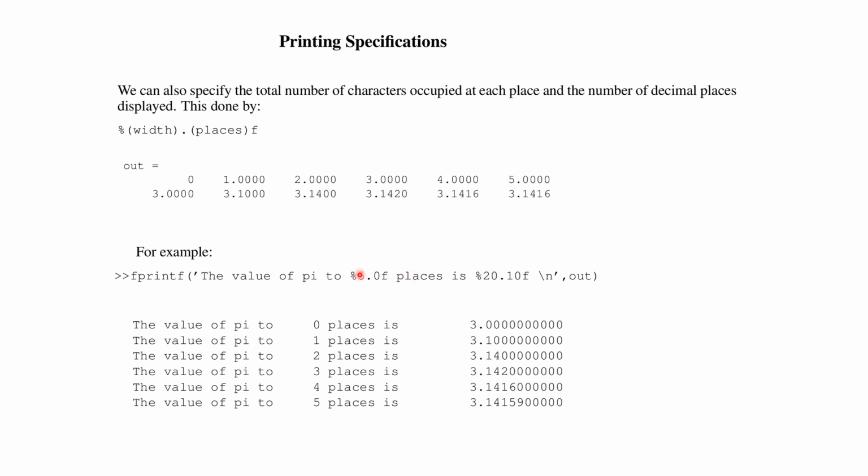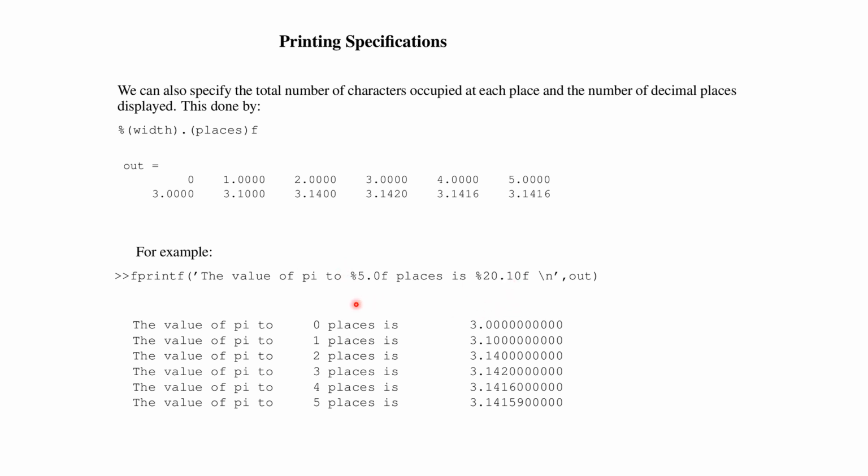So we're telling it the value of pi to, now I'm allowing 5 slots for what is going to occur here with 0 decimal places, 20 slots, and 10 decimal places. New line. So it reads down this column, print, print. Down the next one, print, print, new line, print, print, new line, and so on.